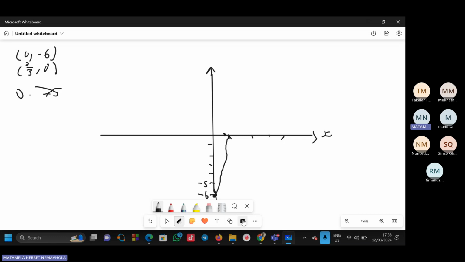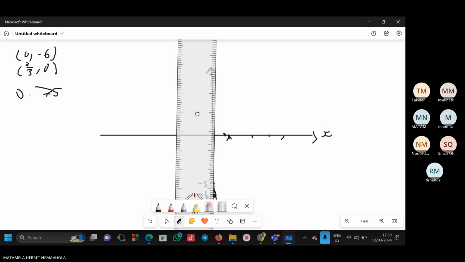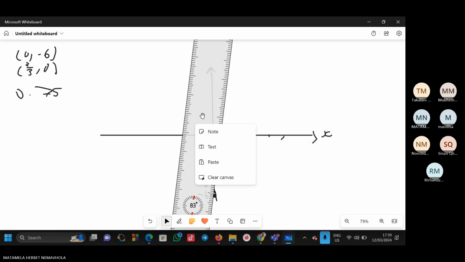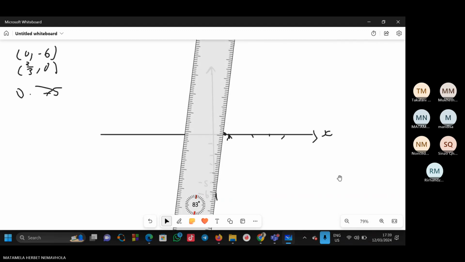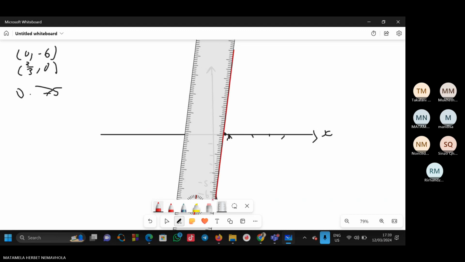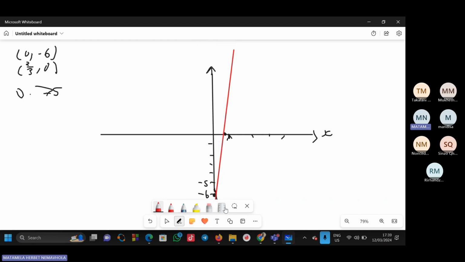Just that I'm not accurate here. But let me try to be accurate, so that you can see exactly what is happening. Then this is going to be our straight line. I'm going to draw it with red color. This is the straight line of the equation that we just drew now.